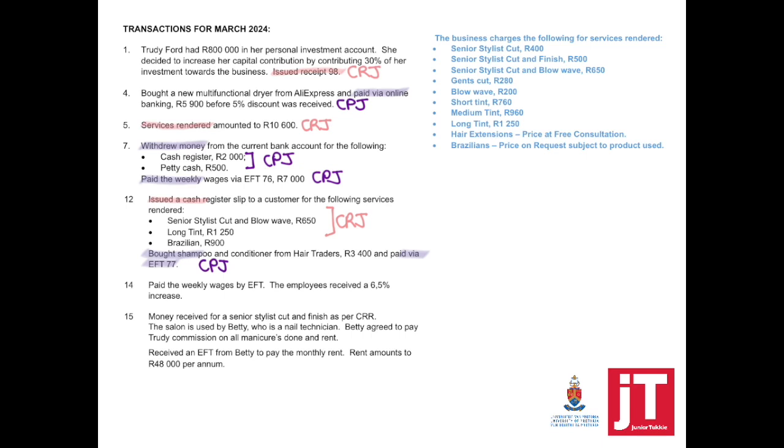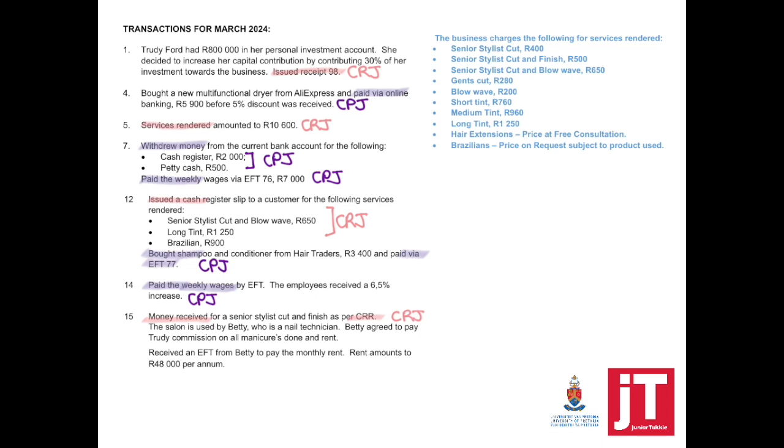Day 14. Paid the weekly wages by EFT. The employees received a 6.5% increase. If a payment is made, it goes into your CPJ. Day 15. Money received from a senior stylist cut and finish as per cash register roll. Keywords, money received, cash register roll, CRJ.